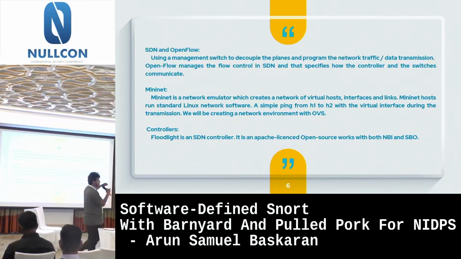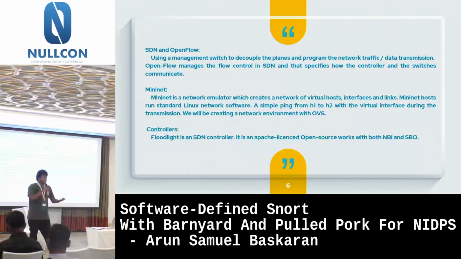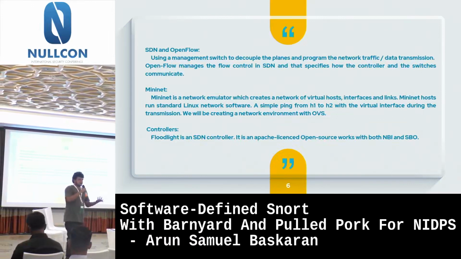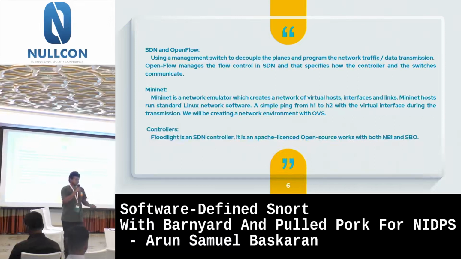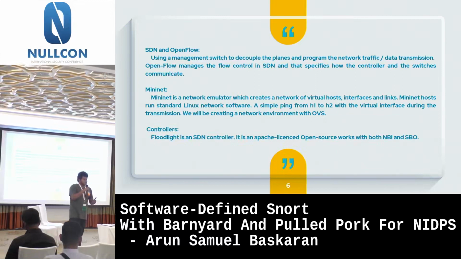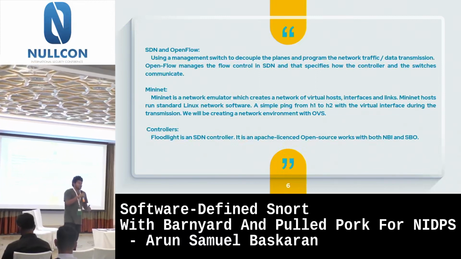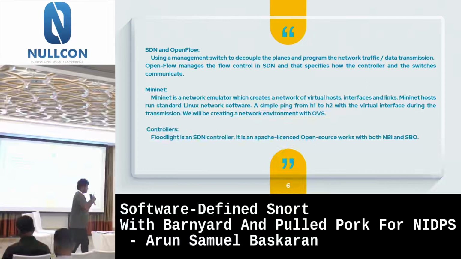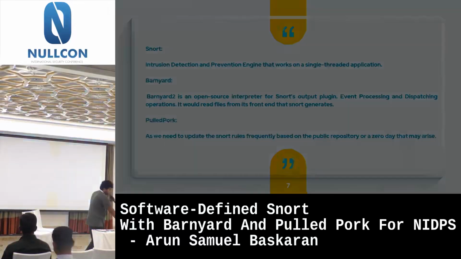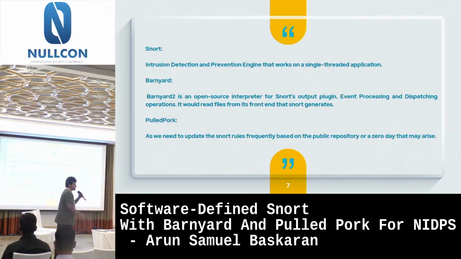For controllers, there are a few you should be aware of when it comes to SDN: one is Floodlight, second is Ryu, third is OpenDaylight, fourth is Fox. If you're more into application layer detection and protection, you can always use Fox as a preference. That would work fine. Here I've used Ryu; I've tried both Ryu and Floodlight as well.